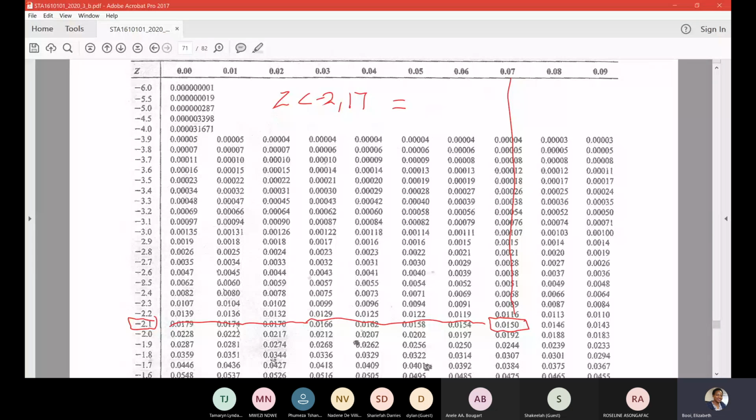And that probability is 0.0150, and that is the probability. That's how we find the probability.